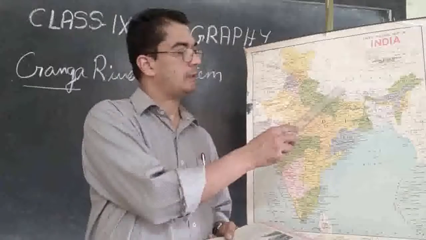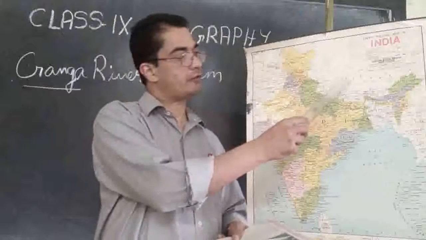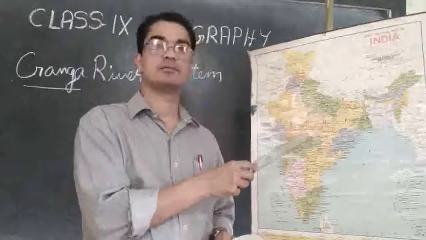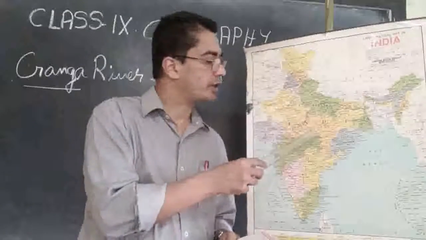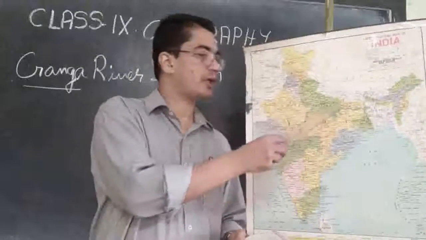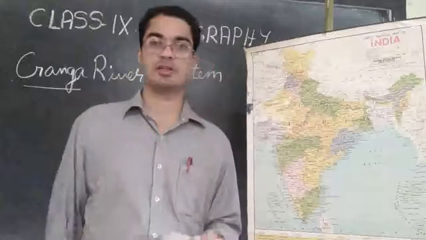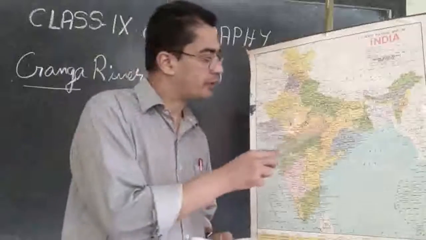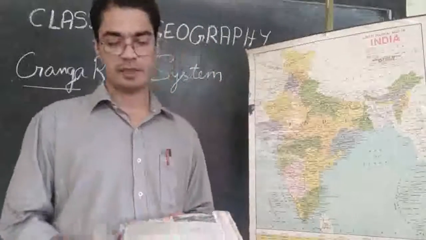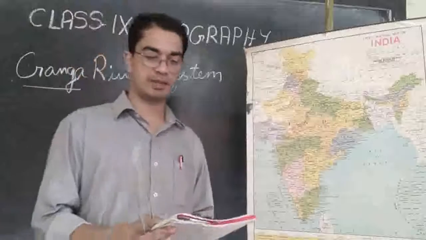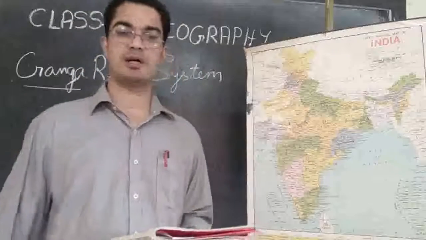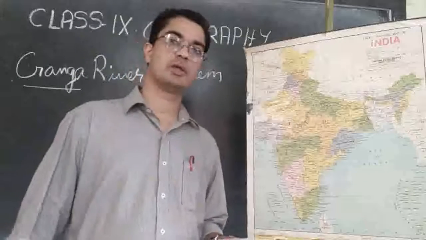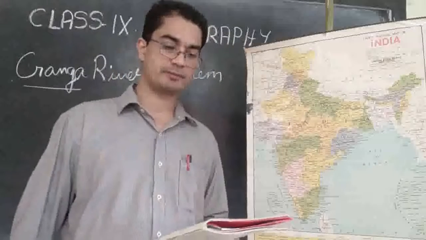These four rivers are coming from Himalaya, then from the peninsular uplands, from here also some flow down and join this river Ganga. So which are the rivers flowing from the peninsular upland? They are the Chambal, the Betwa and the Son.